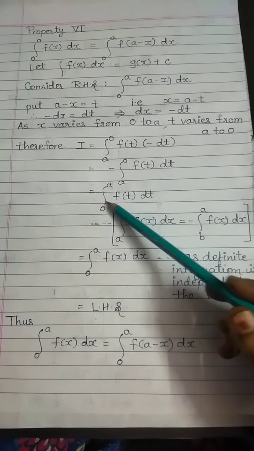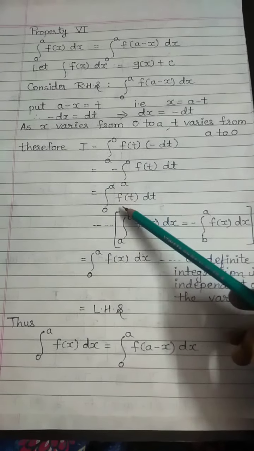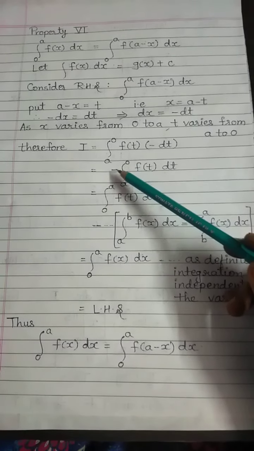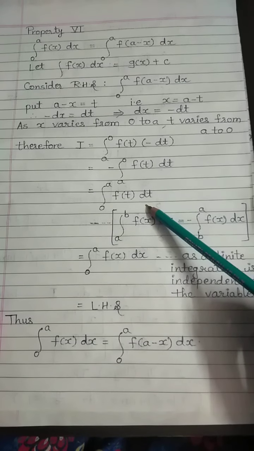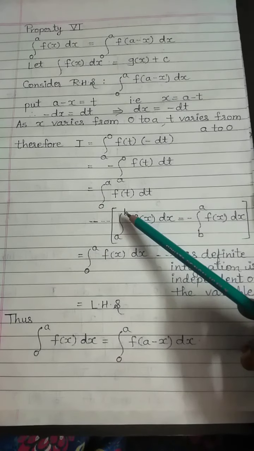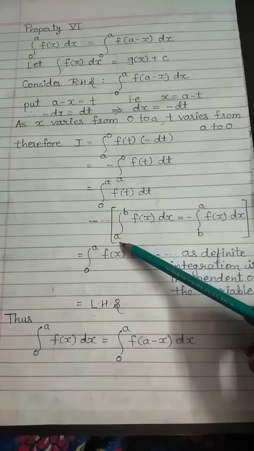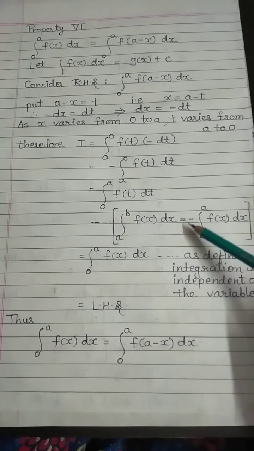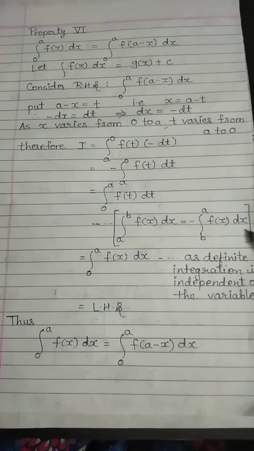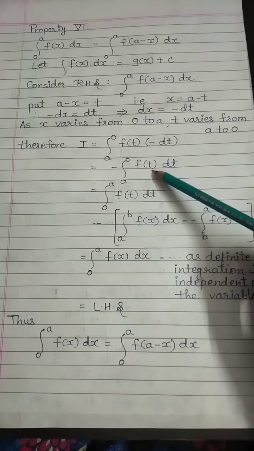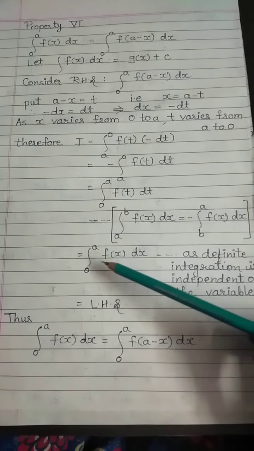So here we will get integration 0 to a f of t dt, because that is one of the properties of integration, and the property is integration a to b f of x dx we can write as minus of integration b to a f of x dx. So the same property we have applied here.